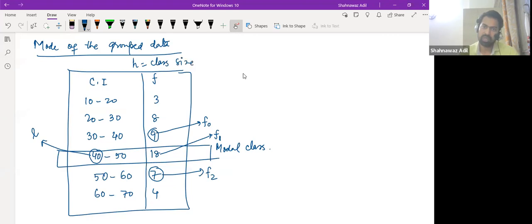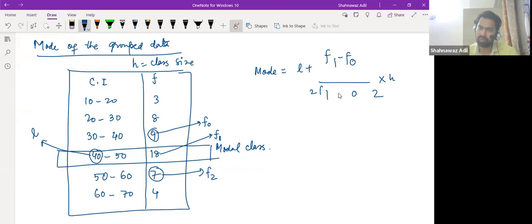So then to calculate the mode of the data, you use L plus F1 minus F0, over 2F1 minus F0 minus F2, into H. So this is how I remember it. This is F1 minus F0, this is 2F1 minus F0 minus F2.